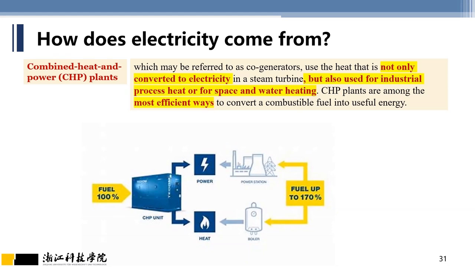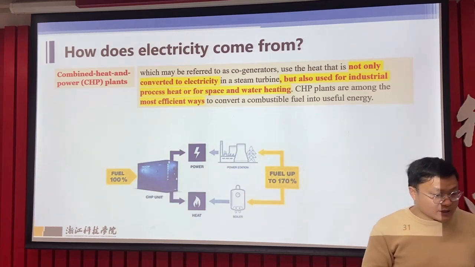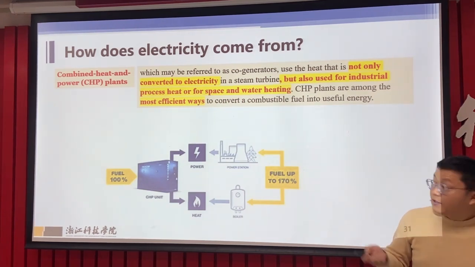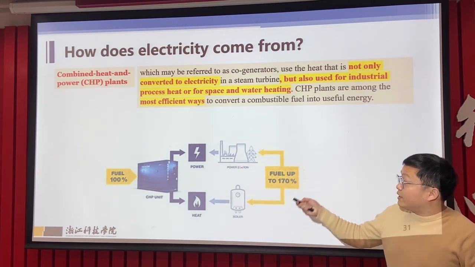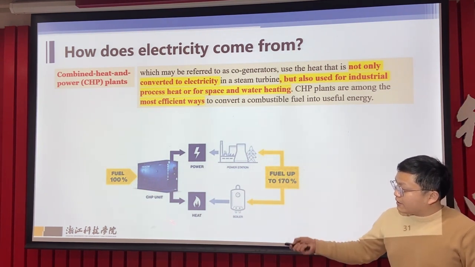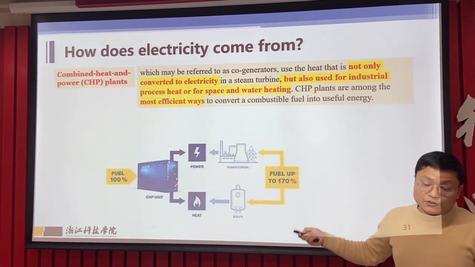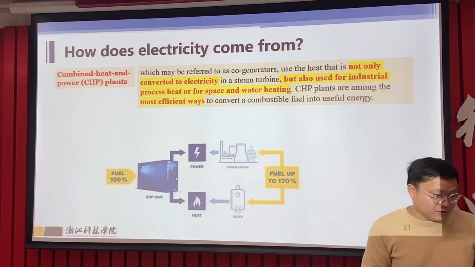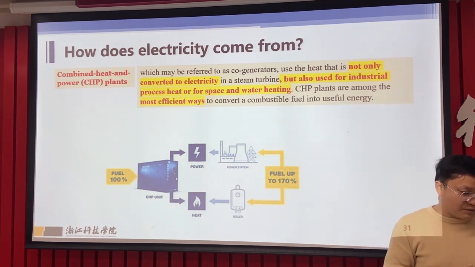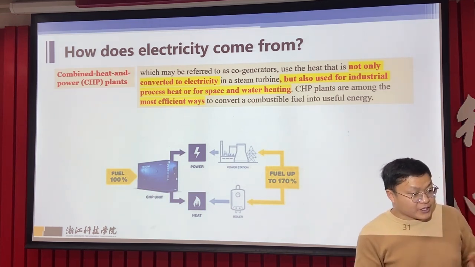And we also have combined heat and power plants, which may be referred to as co-generators. A CHP plant uses the heat that is not only converted directly to electricity, but also used for some heat supply, for example, for industrial use, for district heating, for industrial process heat, or for space and water heating.